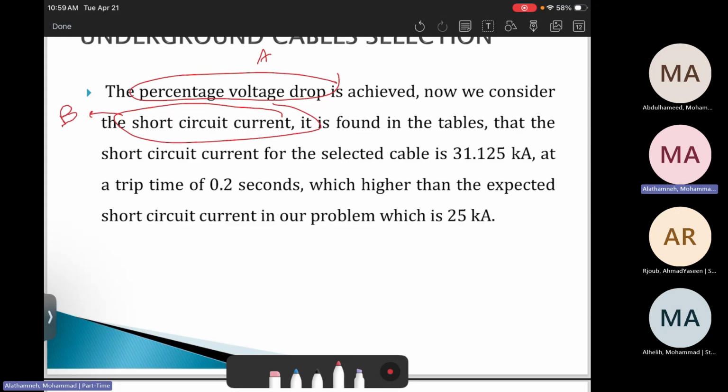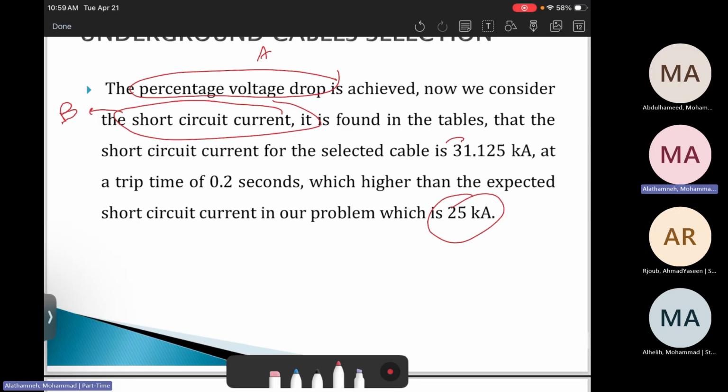Then we said that for the selected cable it will be 31.125 kiloampere. At that time, with a 0.2 second trip time, it can handle higher than the expected, because the expected in this problem was 25 kiloampere. So we can say in our problem, the short circuit current, it can handle 31.125.